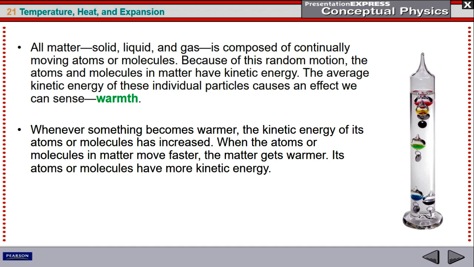So, when something is warmer, the kinetic energy has increased. When the object feels colder, that means the kinetic energy of the atoms or molecules has decreased.